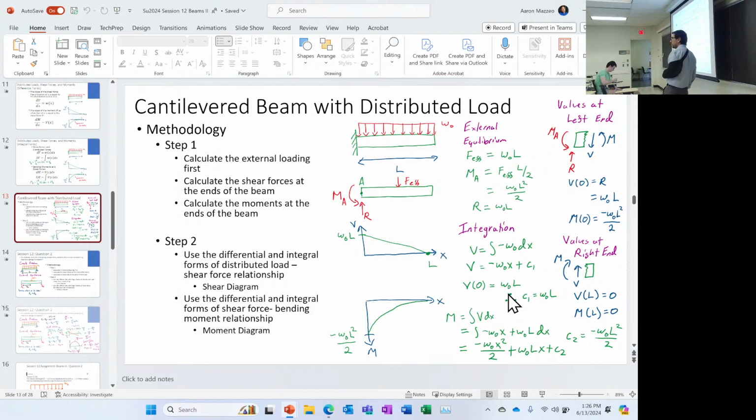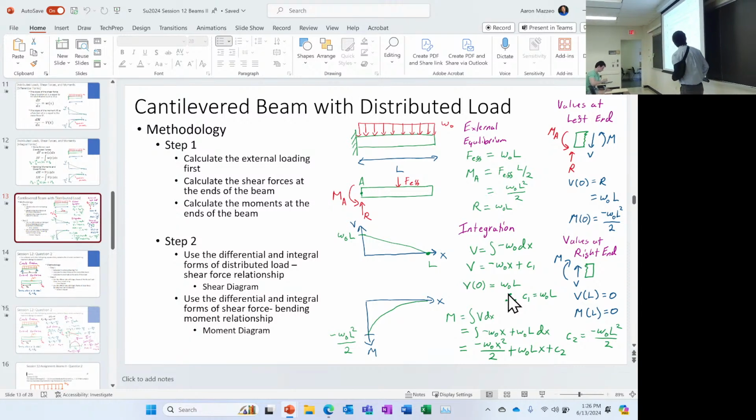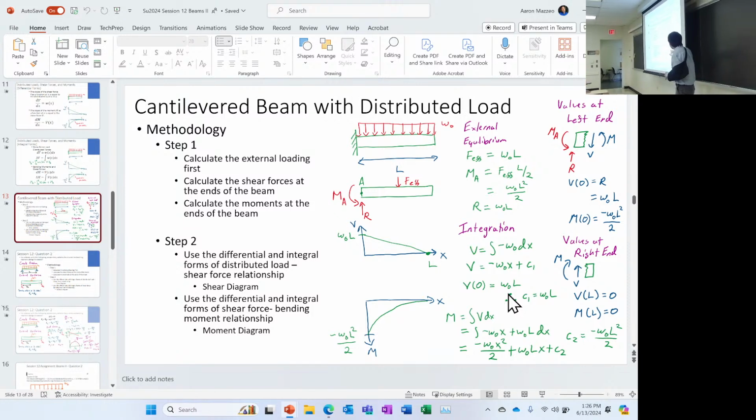I think the principle is KISS, keep it simple. Both of these boundary conditions have to be satisfied for V, for example, like this V of L and this V of 0. You have two boundary conditions per equation, and they both have to be satisfied.